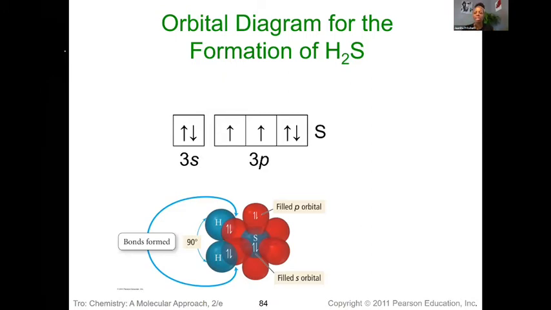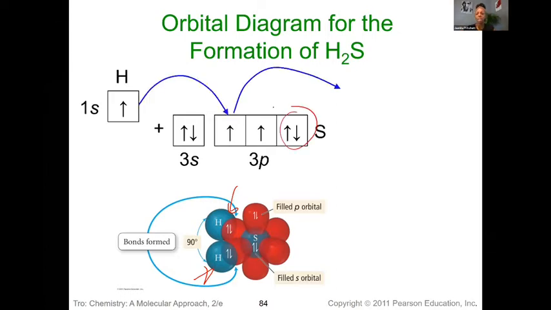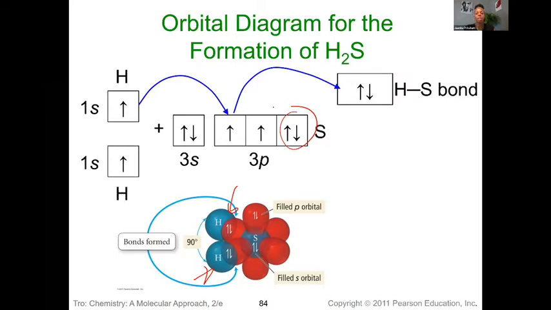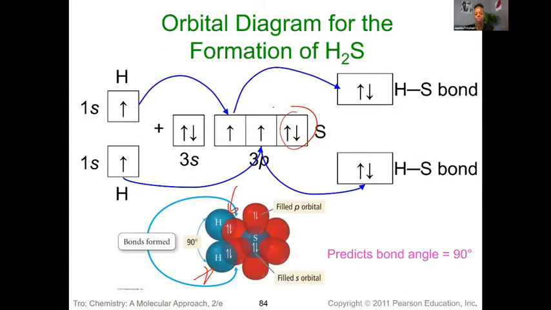So it makes sense that we would predict that in H2S, two hydrogens can come in and align to make bonds with those orbitals, and the remaining electrons would make lone pairs. This predicts that we should see a 90-degree angle. The actual angle is about 92, so not terrible.